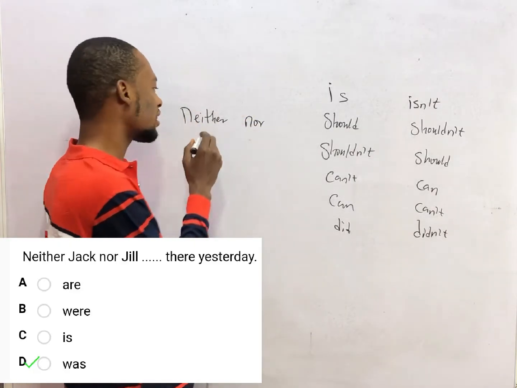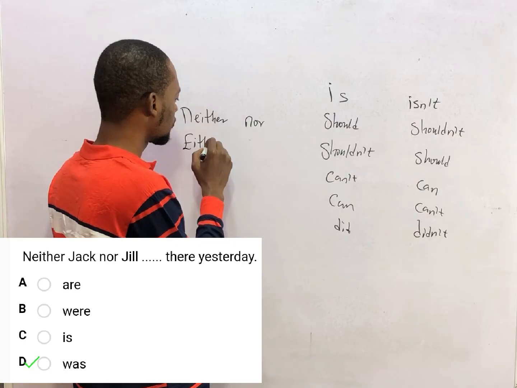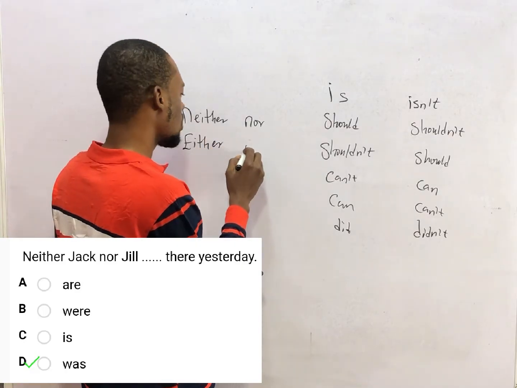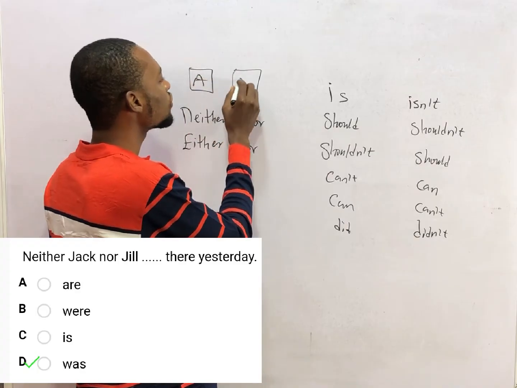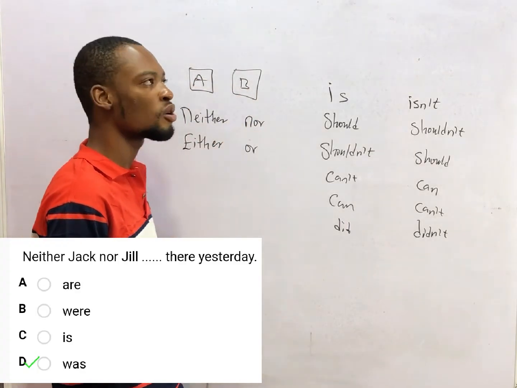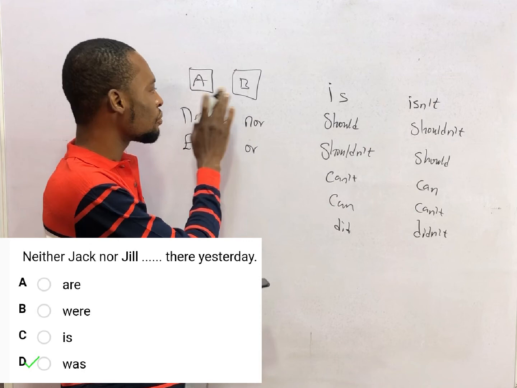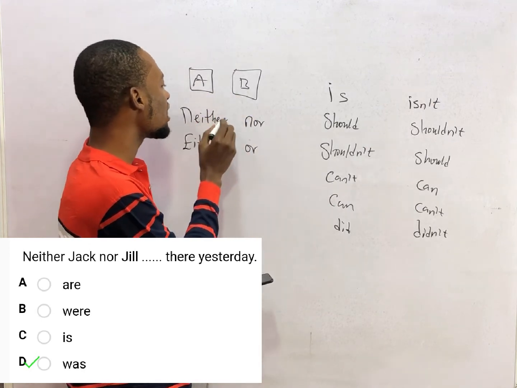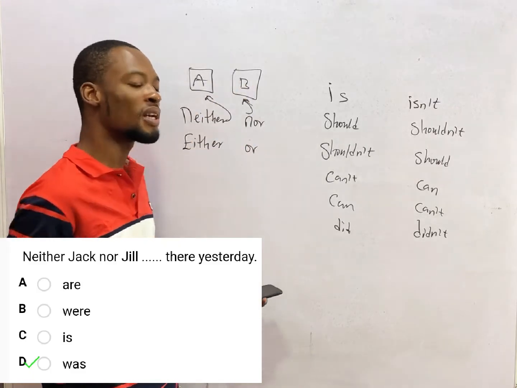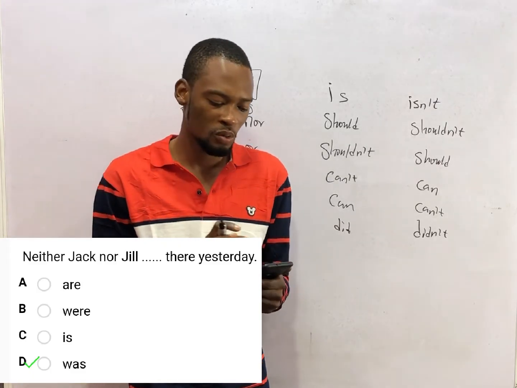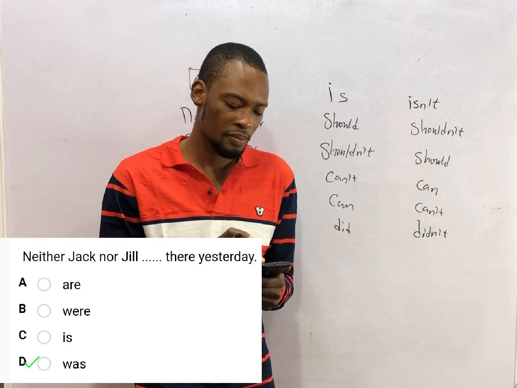And anytime you see either, it should be followed by or. Either and neither are usually used for two things or two items. If I give you A and B and I say neither A nor B, it simply means out of A and B, we are not choosing any of them.